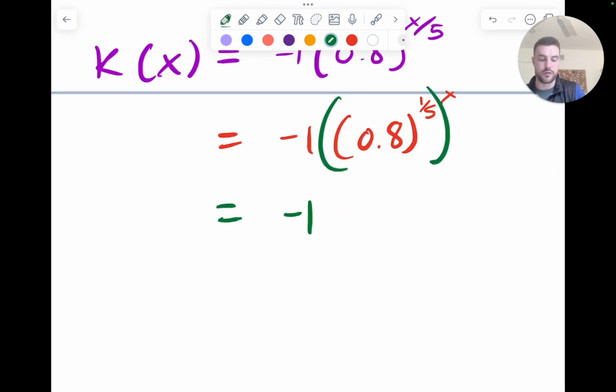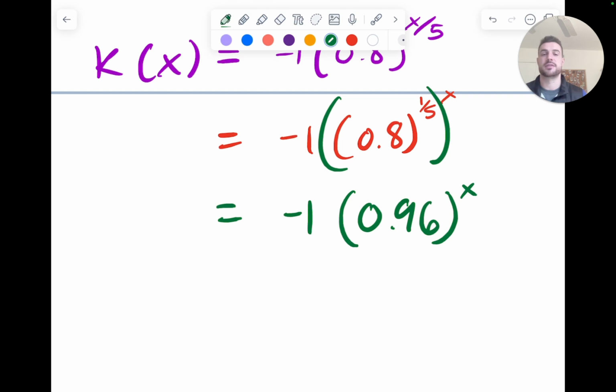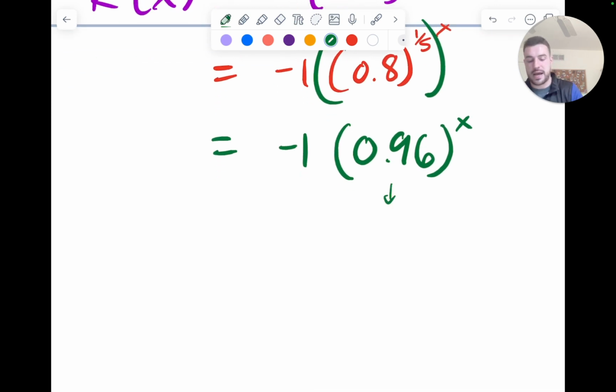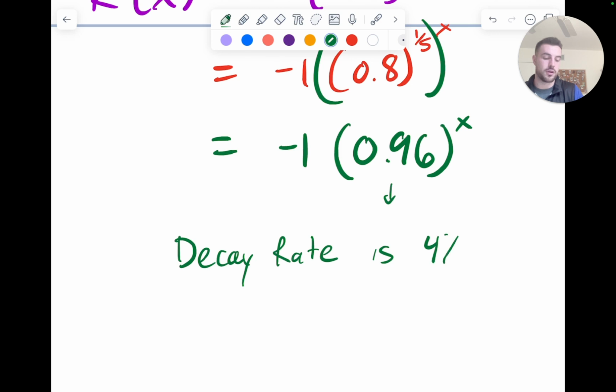So I have a -1 in front. We have 0.8 to the 1/5 power, which is about 0.96 to the x. So that tells us that our decay rate is 4% every year. And how I did that is 1 minus 0.04 is the same thing as 0.96.